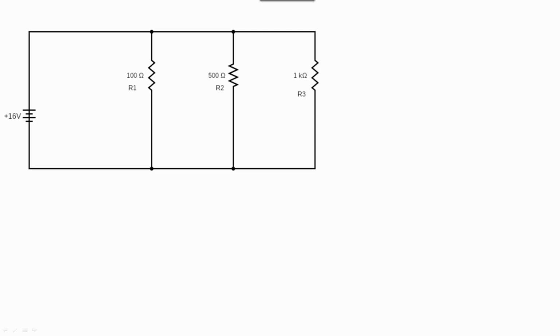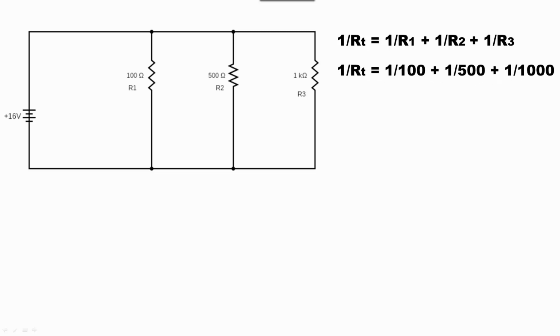We calculate the total resistance using the formula 1 over R total equals 1 over R1 plus 1 over R2 plus 1 over R3. 1 over R total equals 1 over 100 plus 1 over 500 plus 1 over 1,000. 1 over RT equals 0.01 plus 0.002 plus 0.001. 1 over RT equals 0.013.